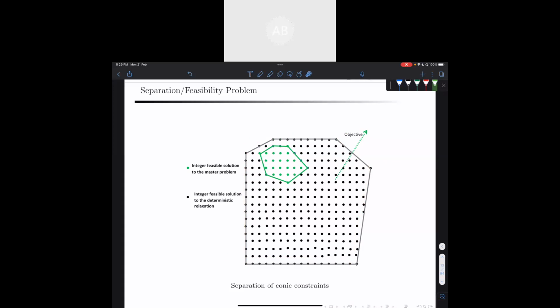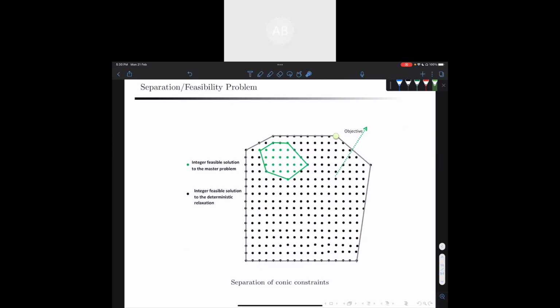So now, if you start optimizing over this larger feasible set, what you can try to do is, once you get a solution, let's say your objective is pointed this way, this is going to be an optimal solution, and then you cut it through your second order conic constraint, right?